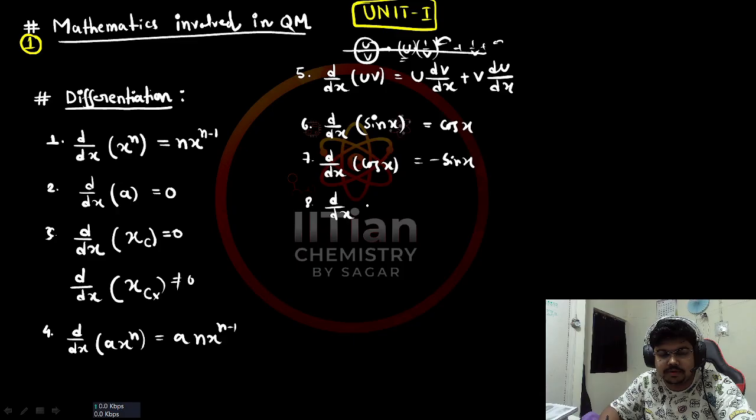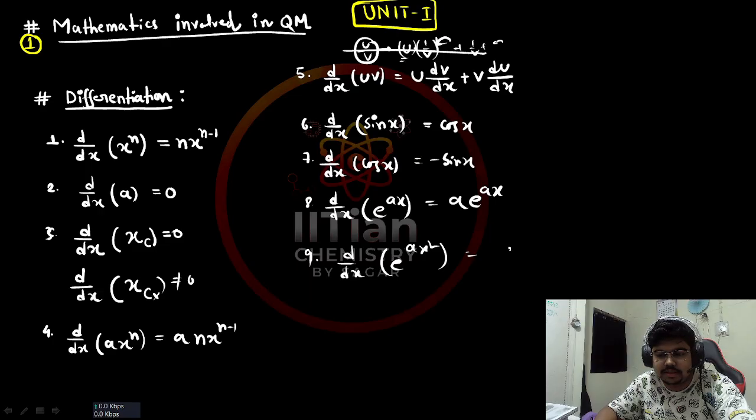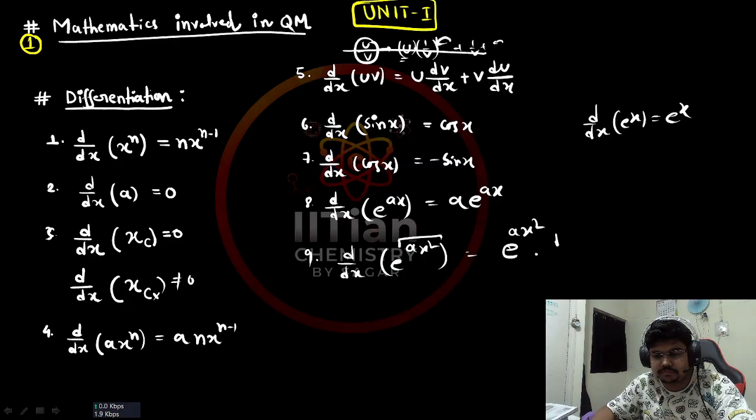d dx of e to the power ax, a is constant, is basically a e to the power ax. 9, d dx of e to the power ax square. d dx of e to the power x is basically e to the power x, but here e to the power something will be exactly e to the power something into differentiation of this function, into d dx of ax square, that will lead to 2ax.